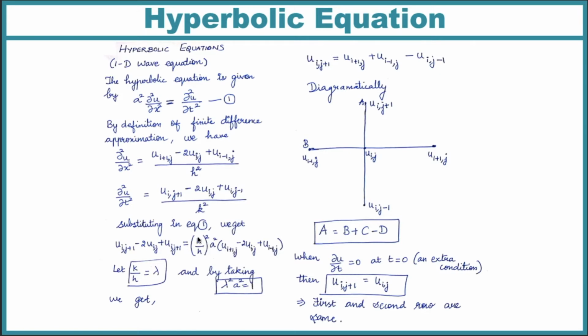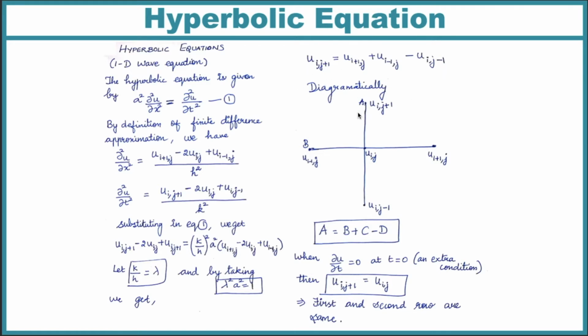Here we take k by h as lambda, and by taking lambda square a square equal to 1, we get this equation: u(i,j+1) equal to u(i+1,j) plus u(i-1,j) minus u(i,j-1).